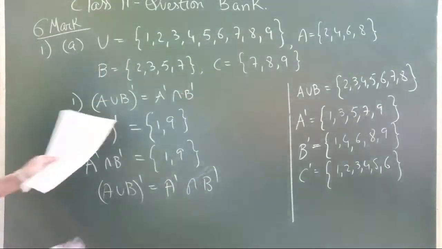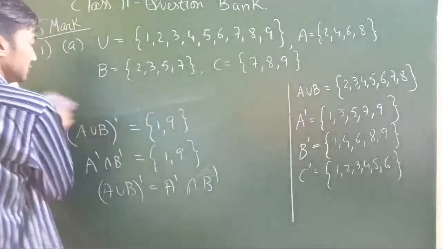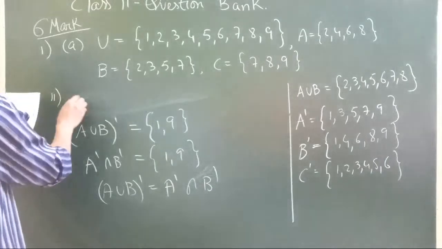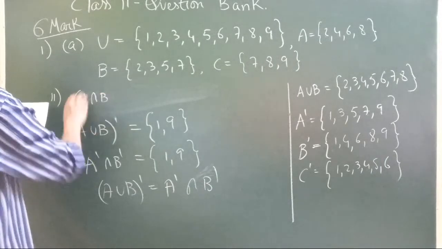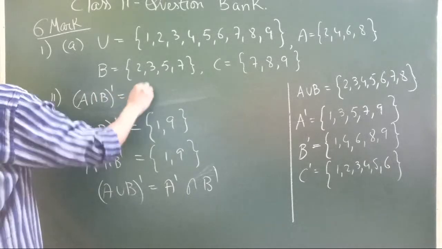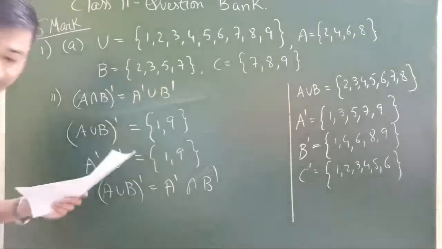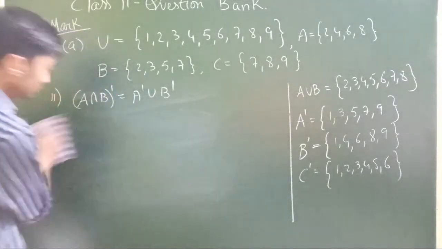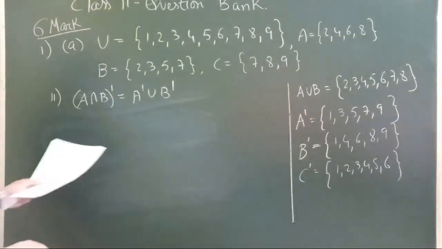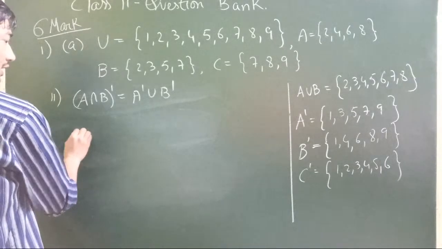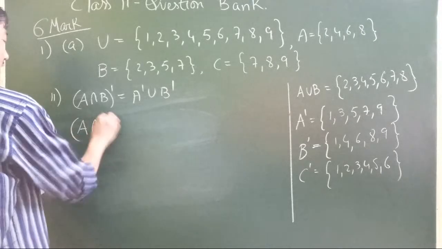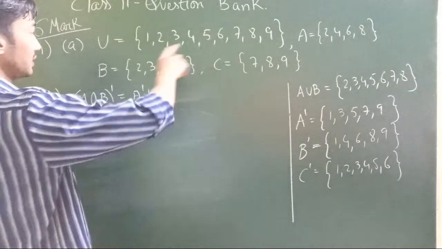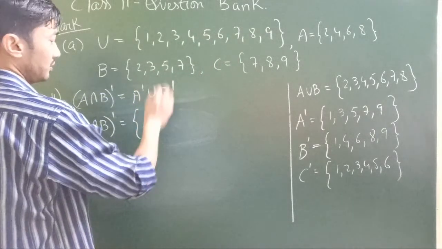We'll go to the next one. Second one: we have to prove A intersection B complement is equal to A complement union B complement. Fine, I think this is done. A intersection B complement, this one I'll just do. That is A intersection B. What do we have in A intersection B? We have 2, and I think that's all, isn't it?